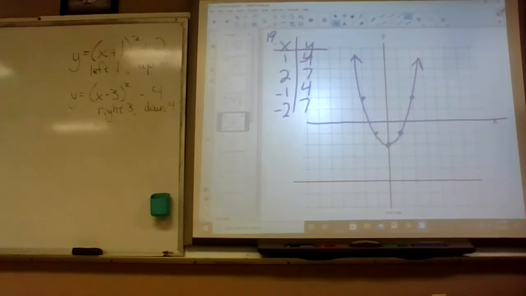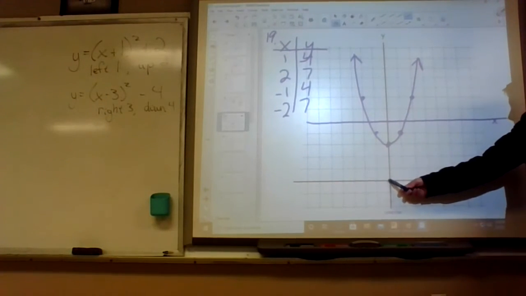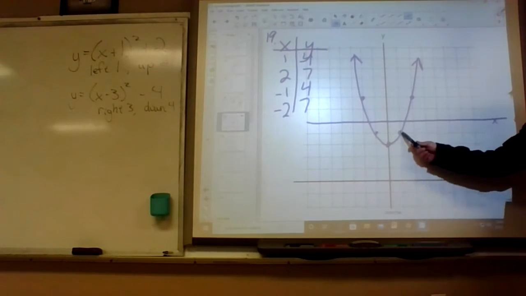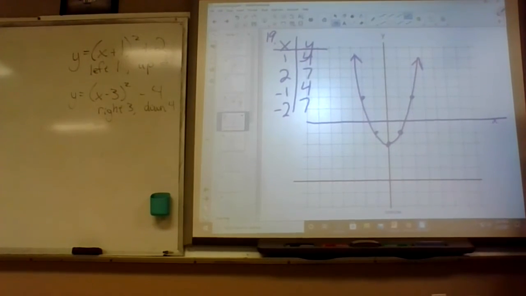You have to start counting from the origin at (0, 0). So (1, 4) is right here. Should there be arrows at the end, because it can keep going? Yeah, it goes forever.